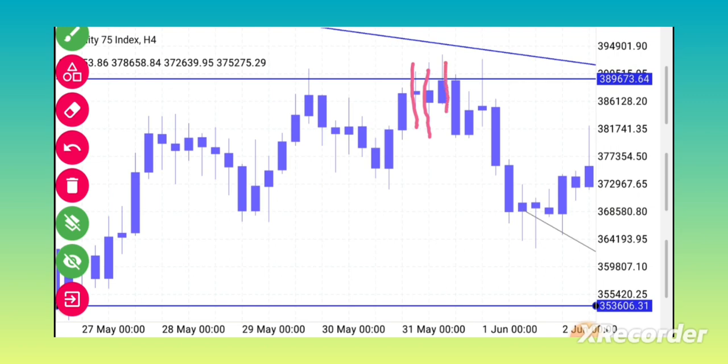Finally we got a bearish engulfing candle here. Are you getting the point? After seeing that engulfing candle, it shows us that now the market is going to reverse. Are you getting the point?